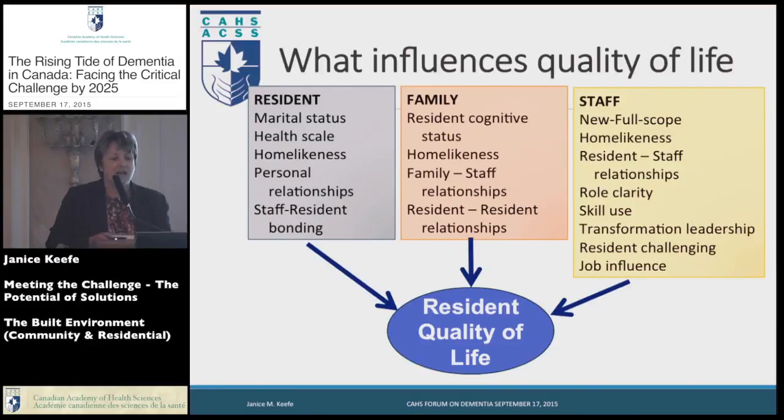One of the similarities that emerged across all of the different multi-level models of care is, first of all, that home likeness appeared to influence resident quality of life in all three perspectives, as well as relationships.